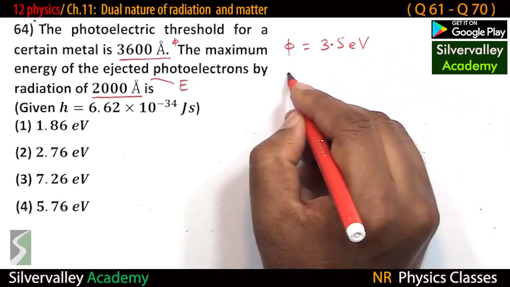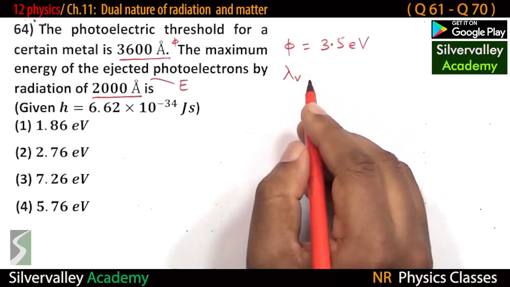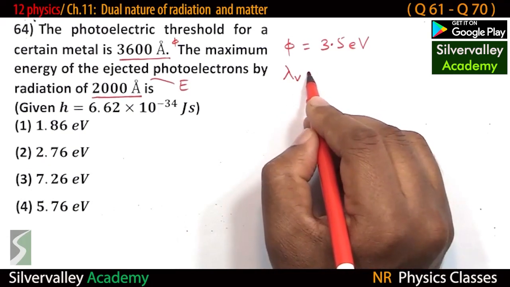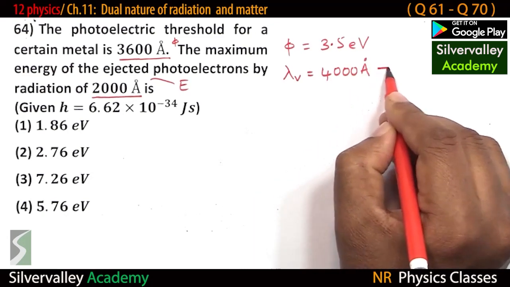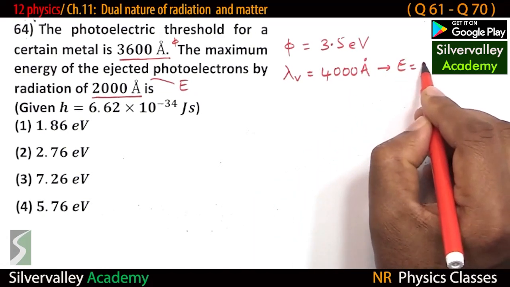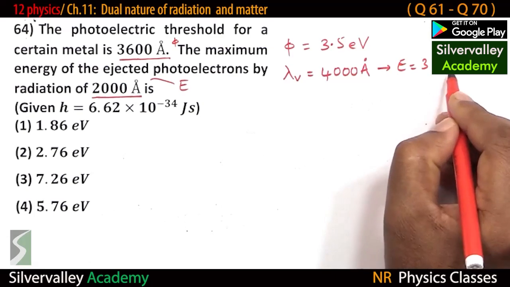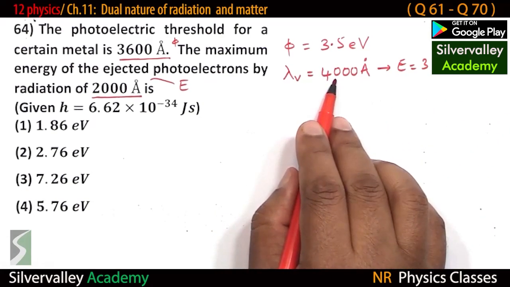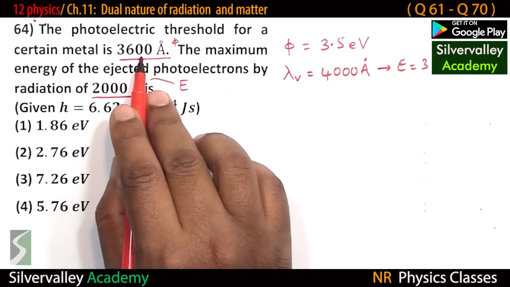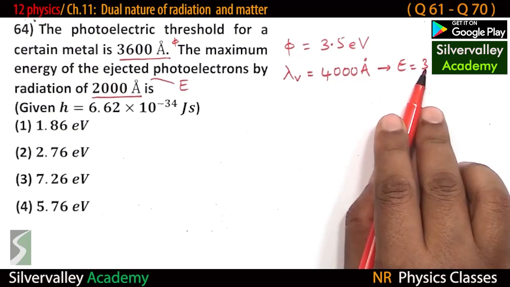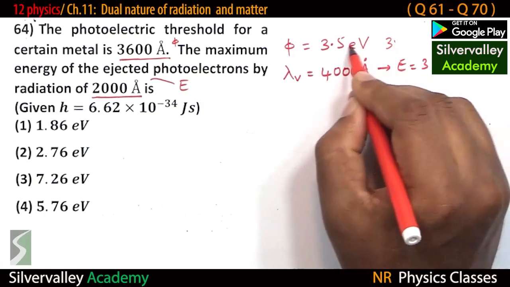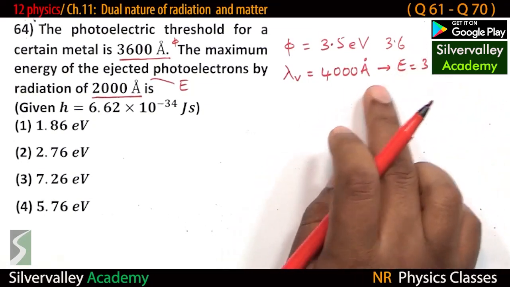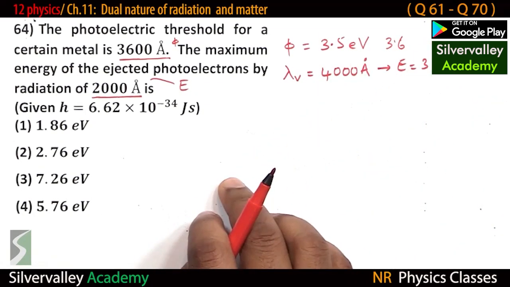Recall, for violet wavelength 4000 angstrom, energy is about 3 eV. Since wavelength is decreased to 3600, let us increase the energy to 3.6, 3.5, anything is fine. Okay.